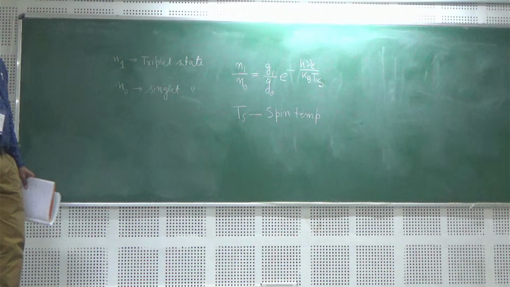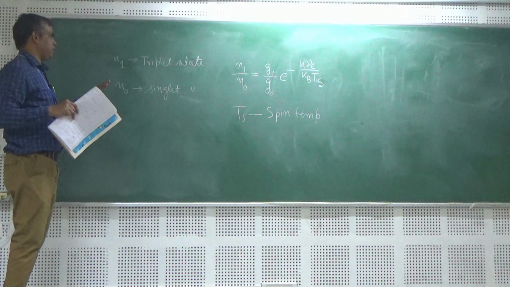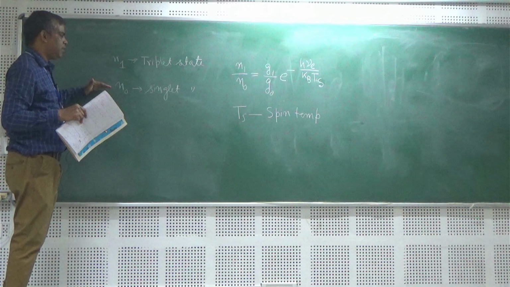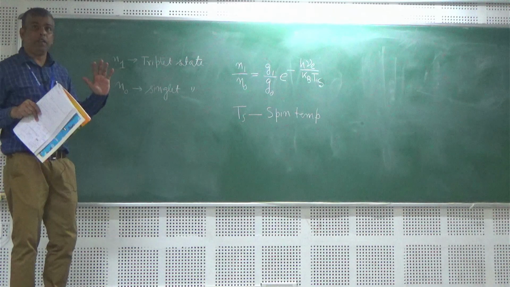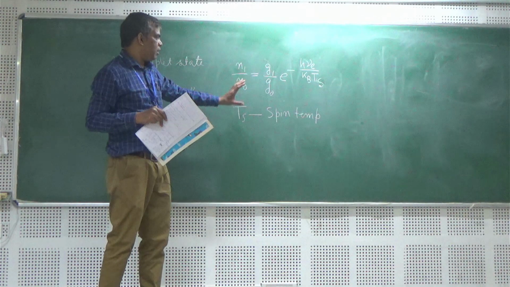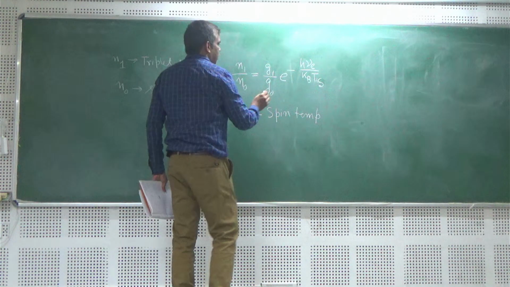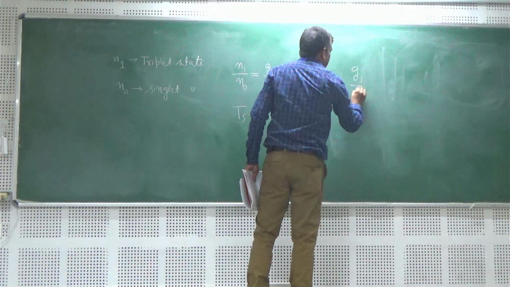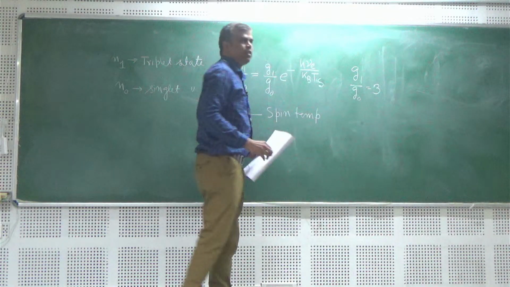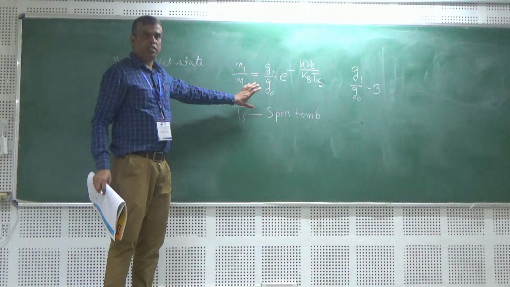Okay, so this is how we define spin temperature. Assuming that the triplet state levels and singlet state levels are in equilibrium, we can write this ratio in terms of spin temperature. G1 by G0 is actually 3, where G1 is the degeneracy parameter for the triplet state and G0 is the degeneracy parameter for the singlet state.